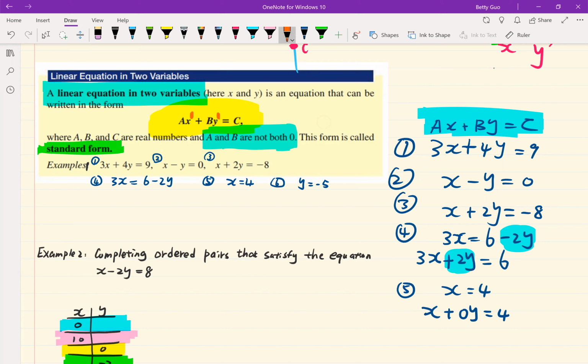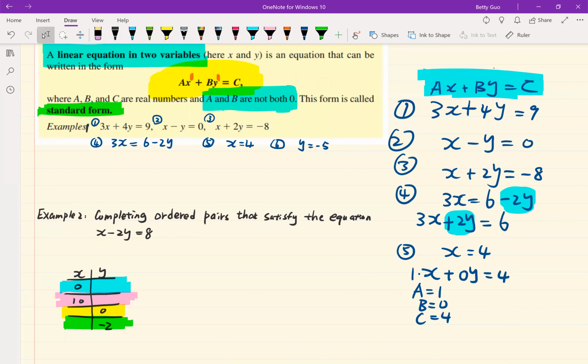The coefficient of x is 1. So A is 1. Coefficient of y is 0, so B is 0. C is 4, right? A and B are not both 0, because A is non-zero, B is 0. So number 5, this is a very special thing.